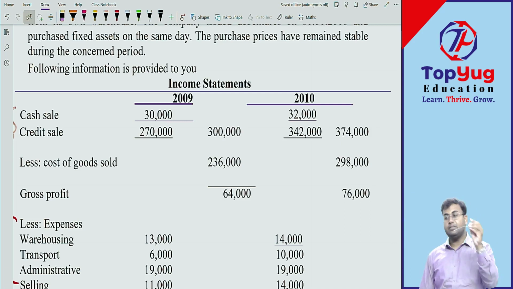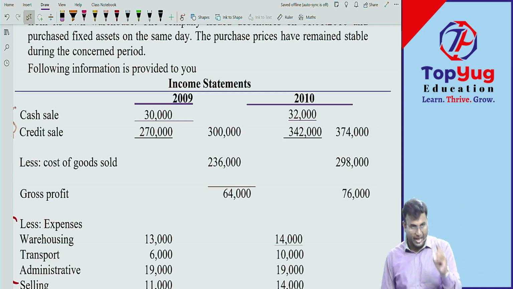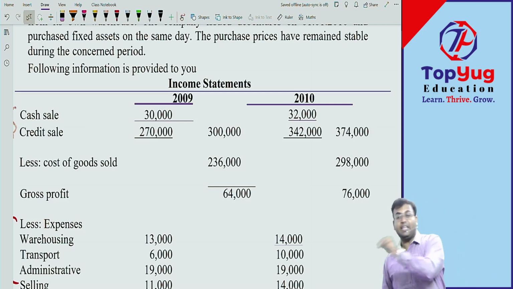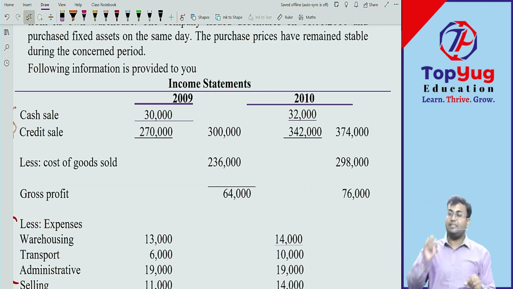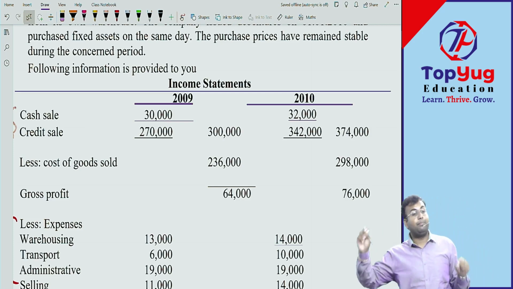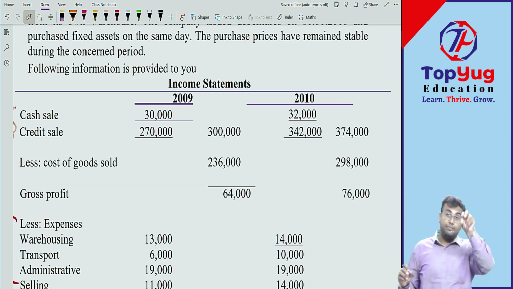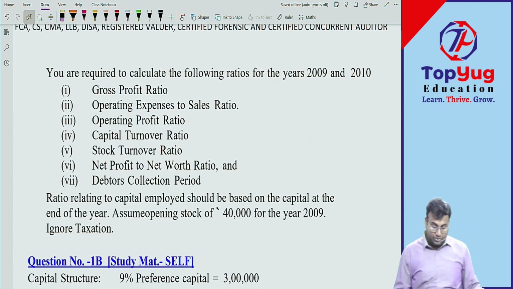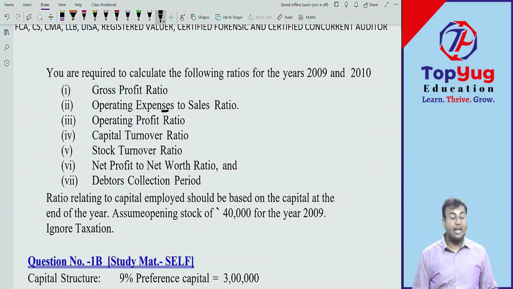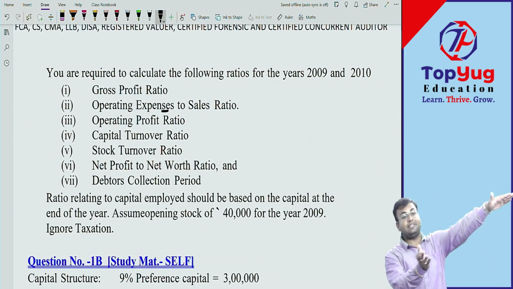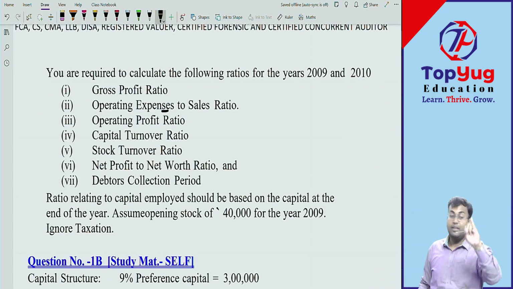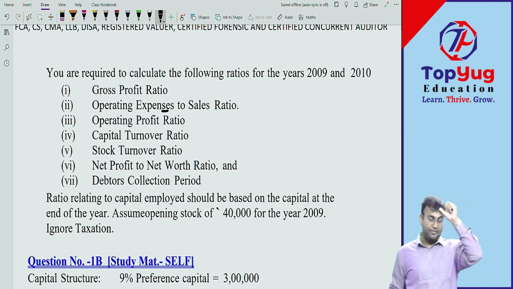Here is one small learning: as per financial management, EBIT, earnings before interest and tax, is nothing but operating profit, and fixed cost plus variable cost is nothing but operating expense. When he asks for operating expense, we will take all expenses except finance expenses, that means except interest. Are we all good?